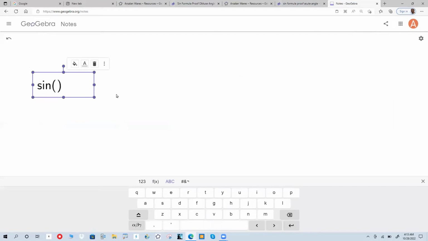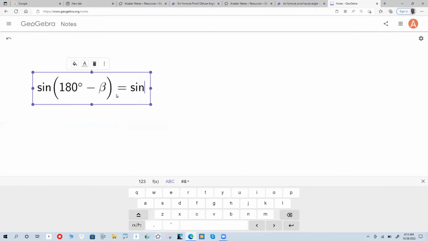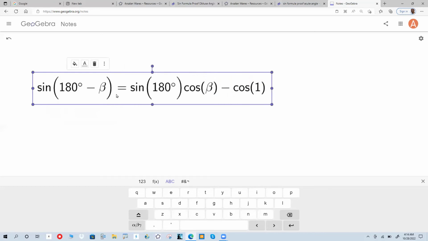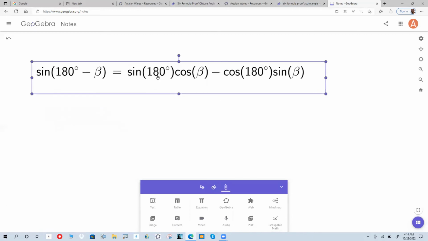Sine of 180 degree minus beta, which is in degree, understood, is equal to, remember, sine 180 degree cosine beta minus cosine 180 degree sine beta. Now, sine 180, sine is the y coordinate, blah, blah, blah.